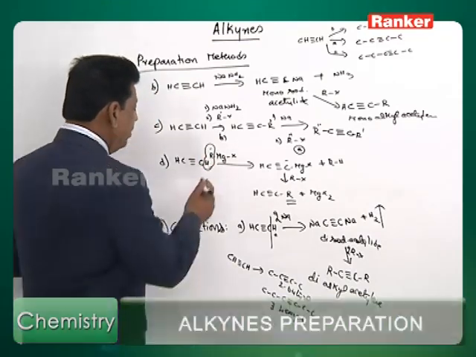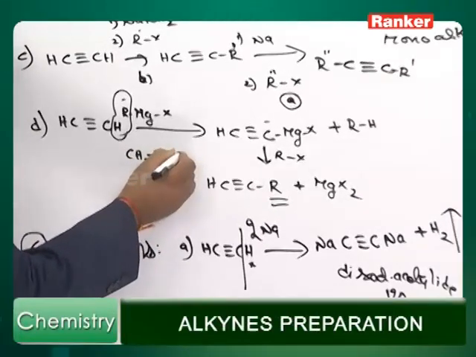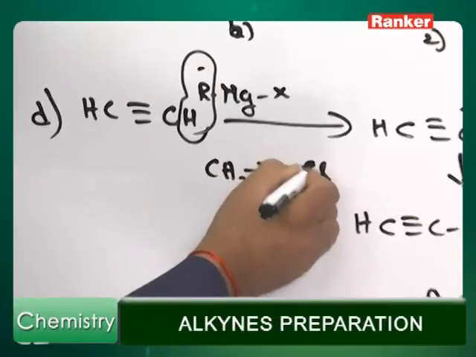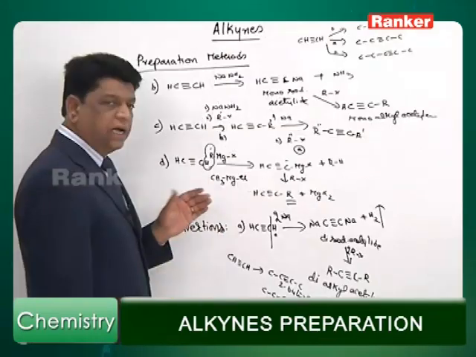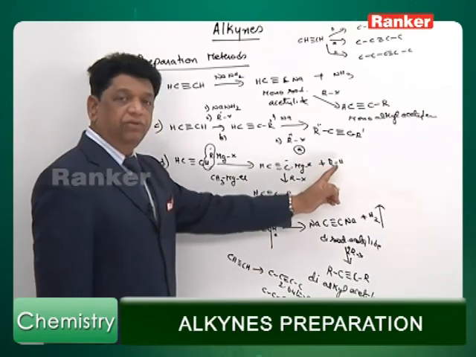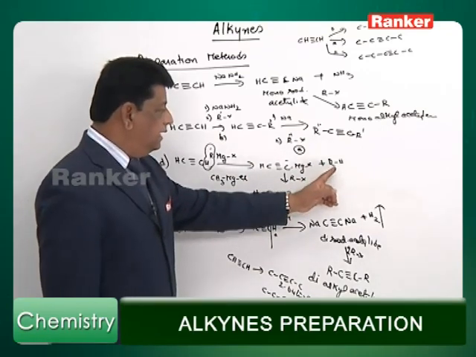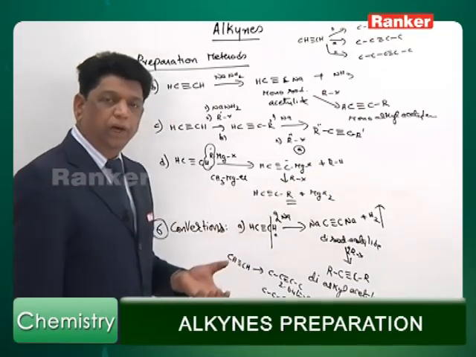methyl magnesium chloride. What is the advantage in the methyl magnesium chloride means, this is the smaller one, isn't it? Methyl magnesium chloride is the smaller RMgX, cost will be less, and the smaller one gives an alkane which is also smaller. So, the smallest alkane, that is methane, comes as a product which will have a very low boiling point.